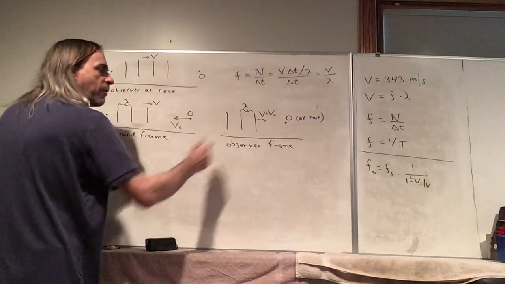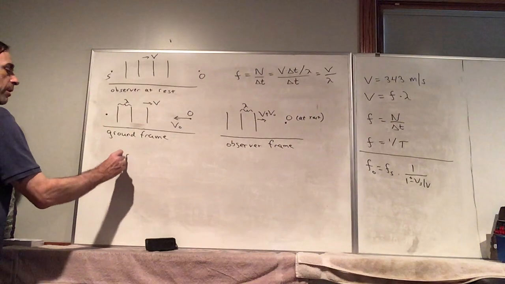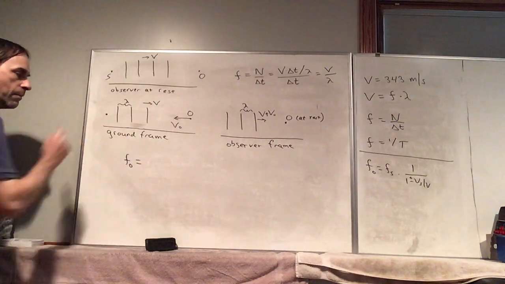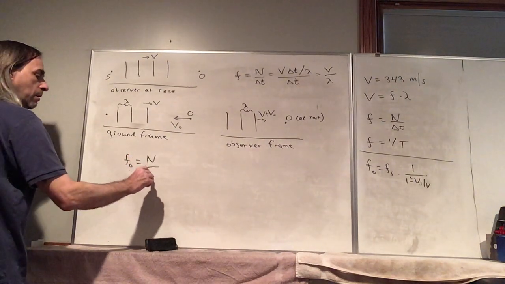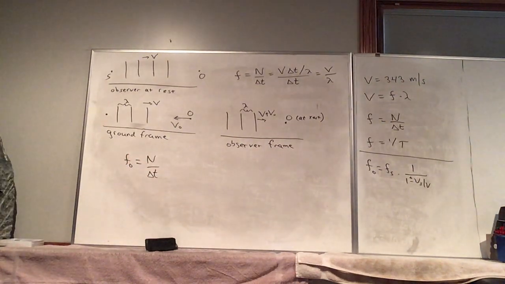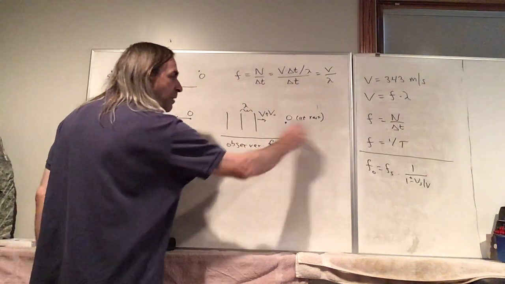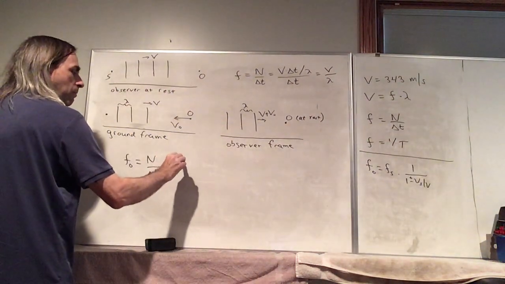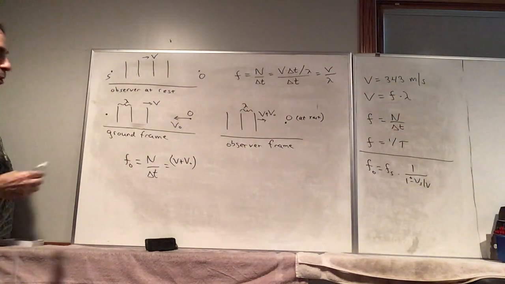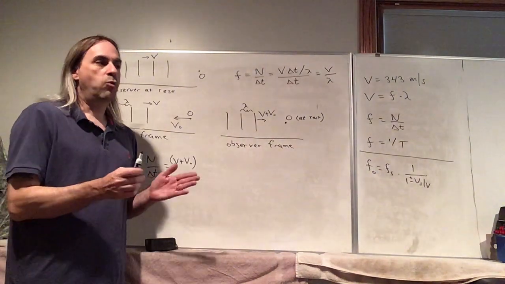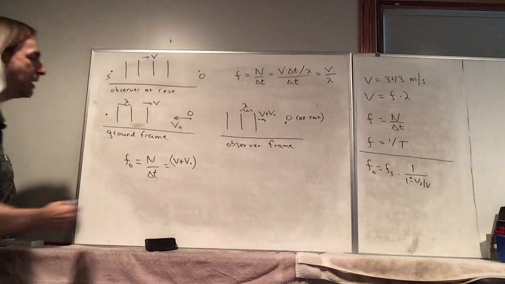So now from this observer's point of view, the frequency that the observer is going to see, just like before, is the number of wavefronts they see in whatever time interval we pick. The wavefronts are moving with this velocity, v plus v0, for observer. So the number of wavefronts would be the distance this whole pattern moved towards the observer divided by the wavelength.